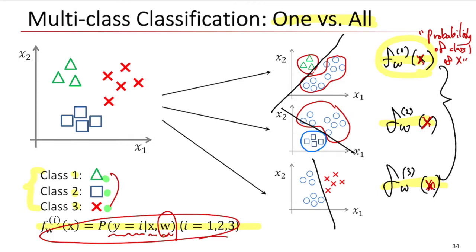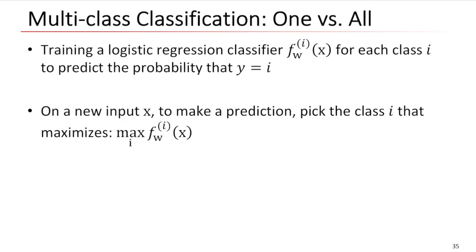Then we can just choose the class with the biggest probability. This is the one versus all technique for the multi-class classification problem.